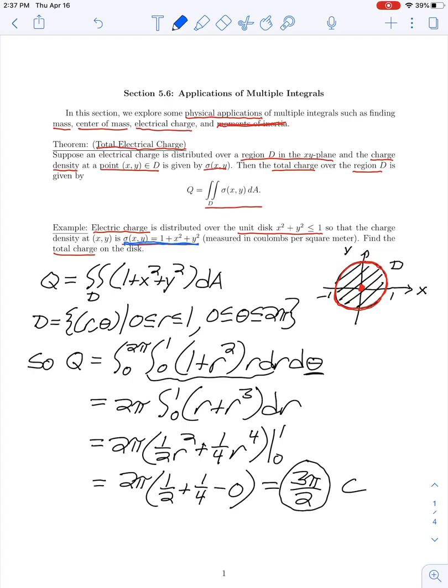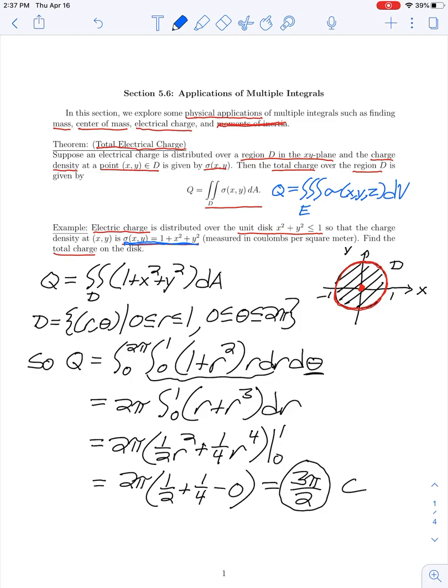So in space, if we had the same sort of problem, we would evaluate the triple integral over our region of space where our charge is distributed, and we would integrate whatever the charge density function was in space, sigma of, say, x, y, and z with respect to volume. So we could extend this to find total electrical charge over a solid region in space.